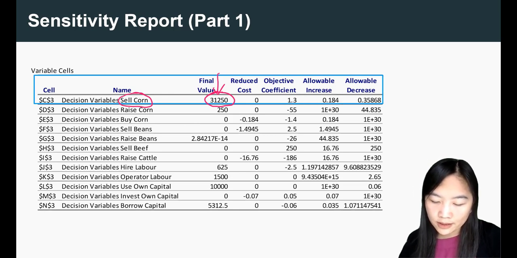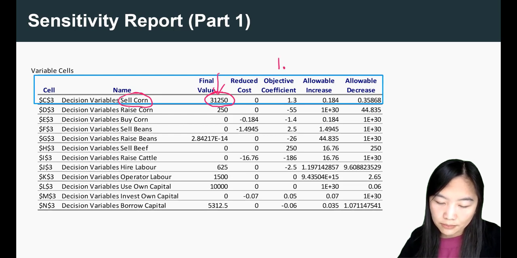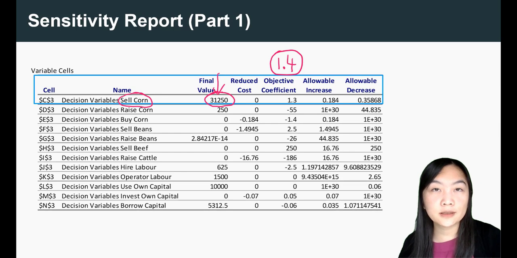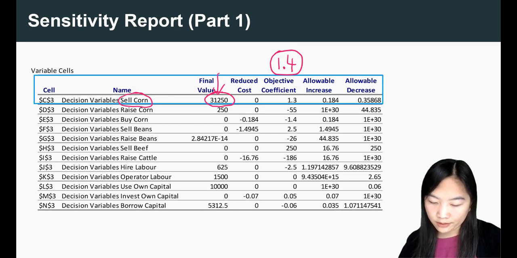Just to give you an example, suppose that at the time of the decision you predict the corn price is 1.3. However, it could be 1.4. If that's the case, what will happen to the decision of the producer?